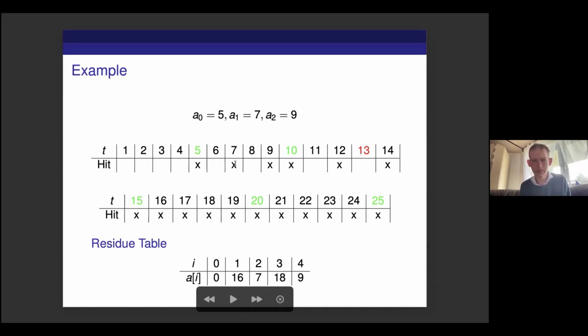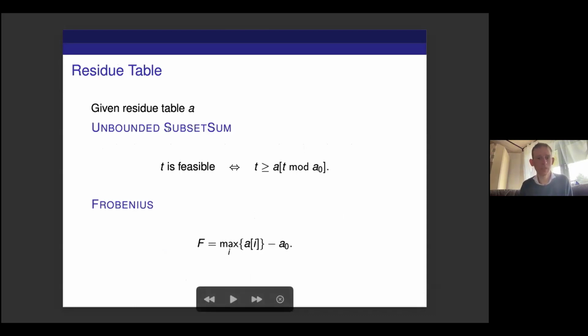So in this sense, the residue table is simply a data structure that solves the SubsetSum problem for arbitrary target values in constant time. If you have computed the residue table, you can decide very easily on the feasibility of a target value, because the target value T is feasible if and only if T is greater or equal than the entry in the respective residue class.